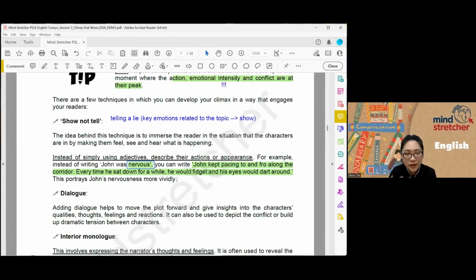You're also showcasing your wide vocabulary, which is a descriptor under language. You are showing wide vocabulary, variation in sentence structures. So while John was nervous, it's grammatically perfect. It does not give you the opportunity to showcase your wide variety of vocab and varied sentence structure.